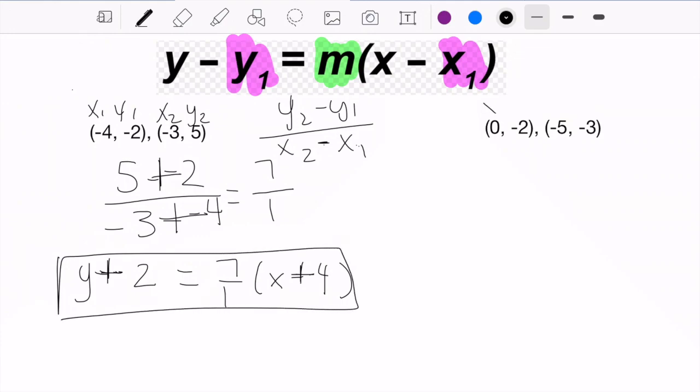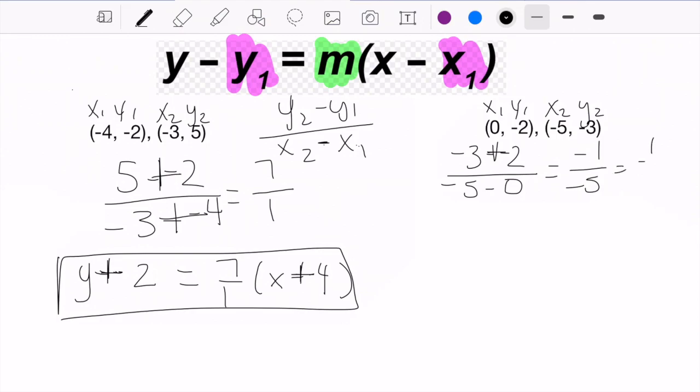Same thing with this one. Start by identifying the x1, y1, and x2, y2. So we have -3 minus -2. Add a line, change the sign. And then we have -5 minus 0, which gives us -1 over -5, which simplifies to just 1 over 5.